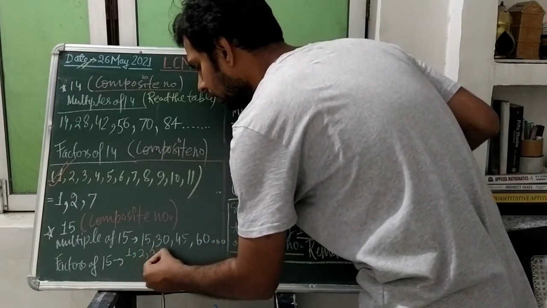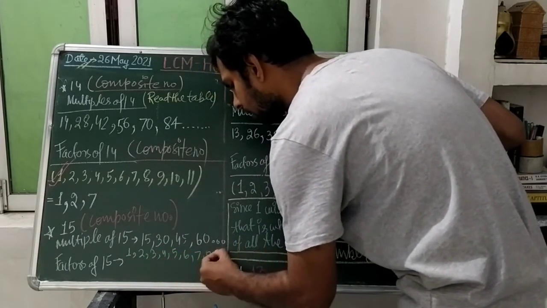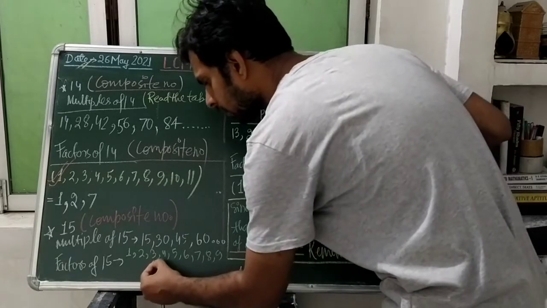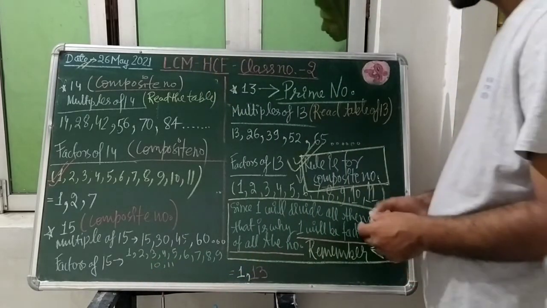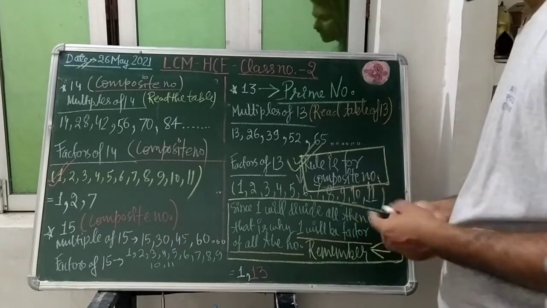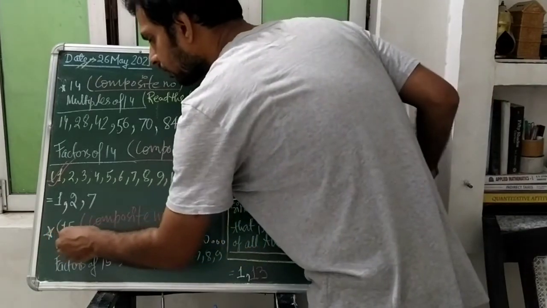1, 2, 3, 4, 5, 6, 7, 8, 9, 10 and 11, these numbers we will select, and we will find out which number is going to divide 15.